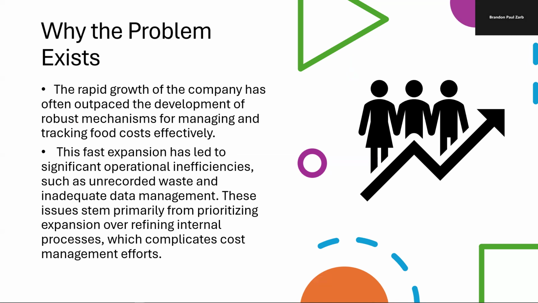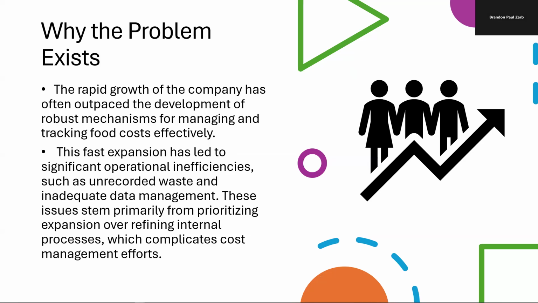Why does this problem exist? Well, in an ideal world, these things would be worked out early when there are 1 to 3 stores operating in the chain. However, this particular client has grown really fast. The rapid growth of the company has often outpaced the development of robust mechanisms for managing and tracking food costs effectively.